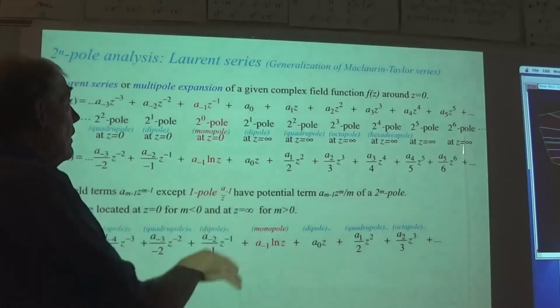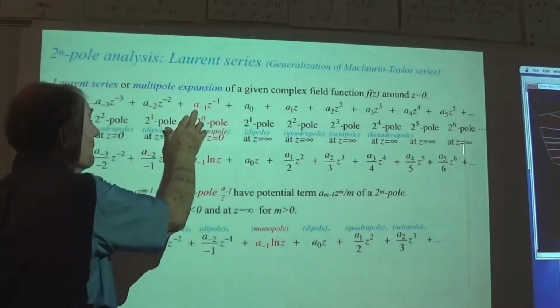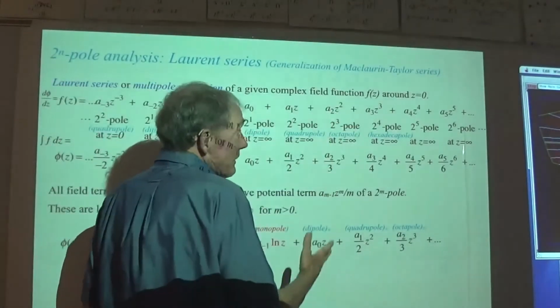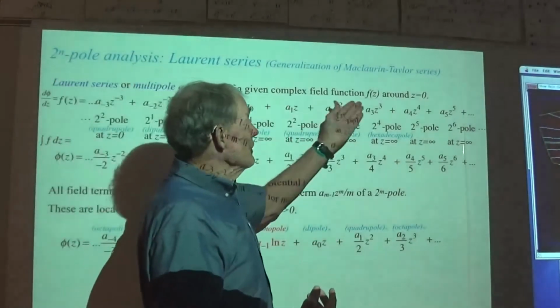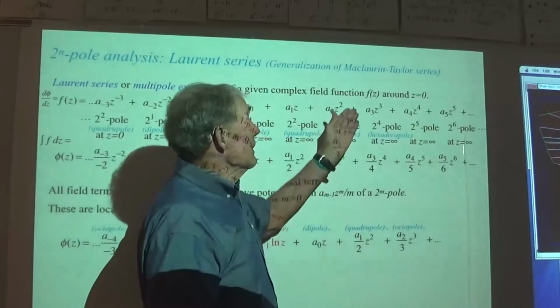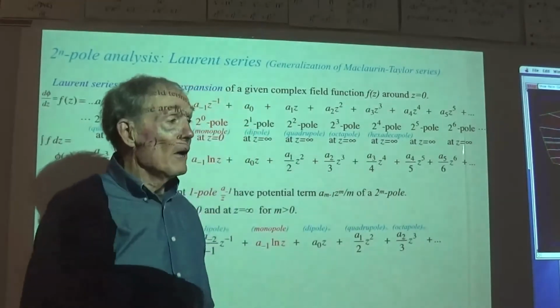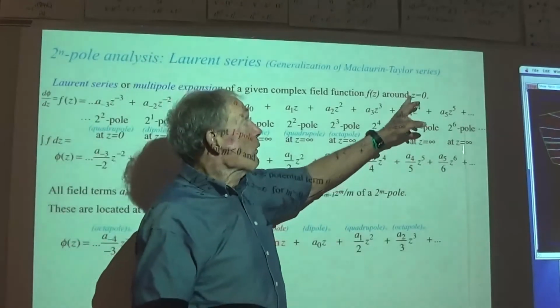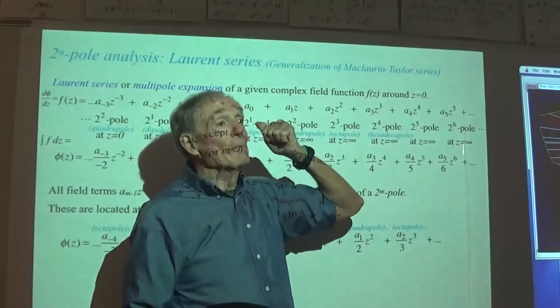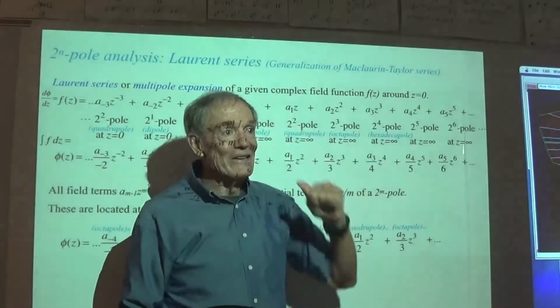Now we're adding them all up with varying constants to make, in principle, the idea is that you can make any field function and scalar function of a complex variable, just for things that are located at the origin or at the opposite of the origin.